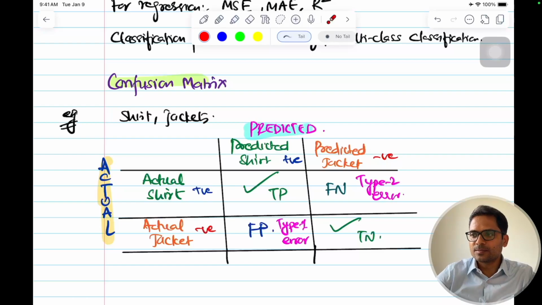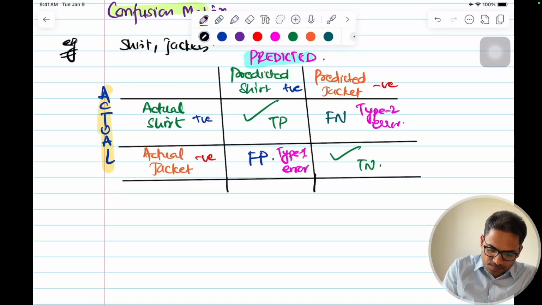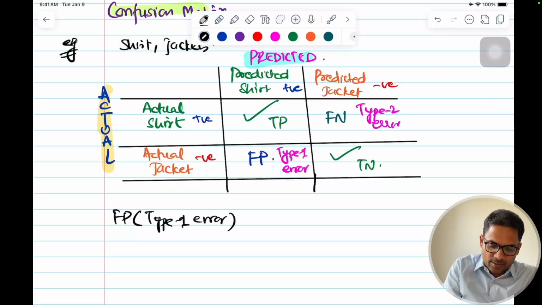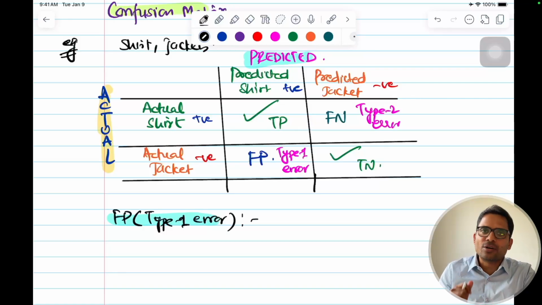If this is clear, I'll give you one more example for the false positive, or type 1 error. For example, say that we predicted that a patient has diabetes, but the patient does not have diabetes.